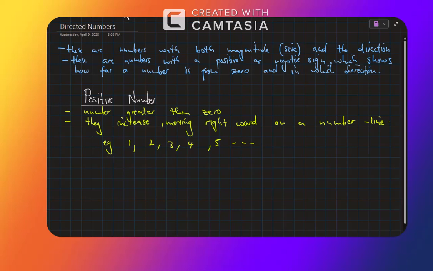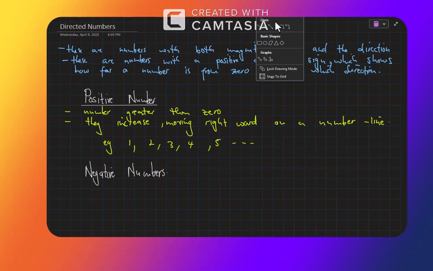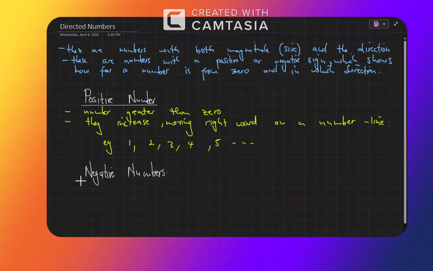And if we talk about negative numbers, these are values which are less than 0, and they decrease, moving leftward on the number line from 0.